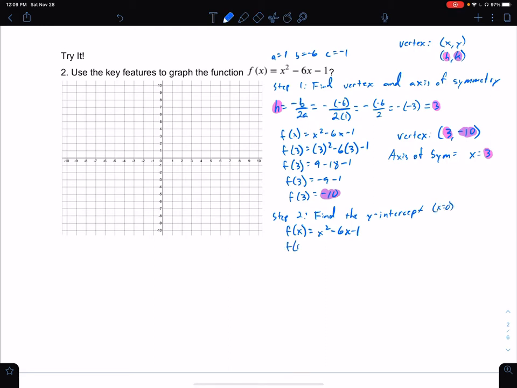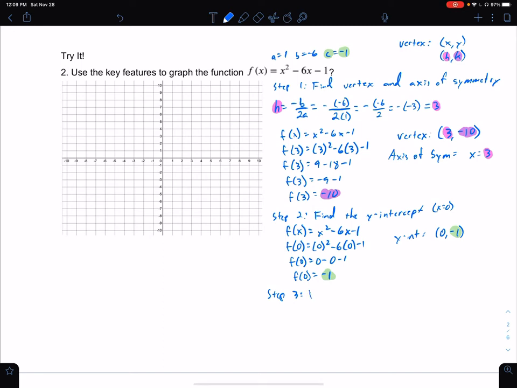So we're going to plug in 0 here. So my y-intercept is 0, negative 1. It is helpful to remember that the y-intercept is the c value, so that can be a shortcut. You don't have to show all that work every time.